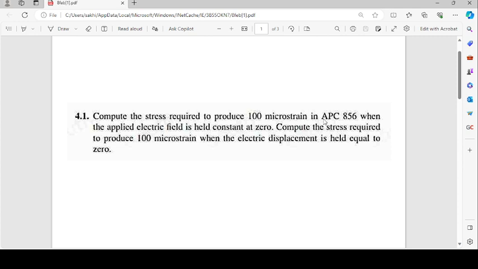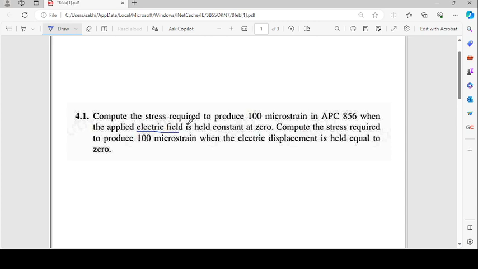850. This is the material name, APC 850. So we use all the properties of APC 850, right? Then we have to calculate the required stress to produce the 100 microstrain when the electric field is zero, this is our boundary condition.